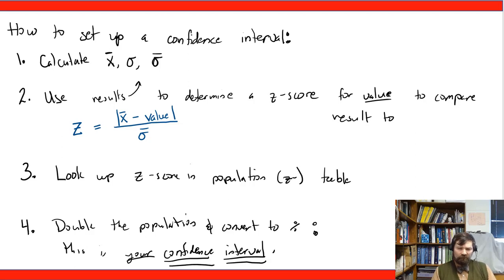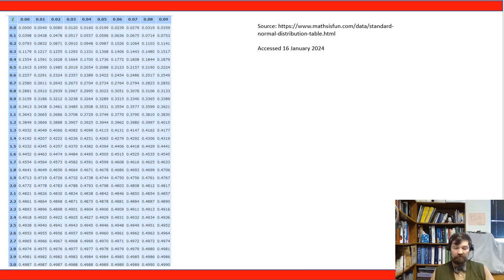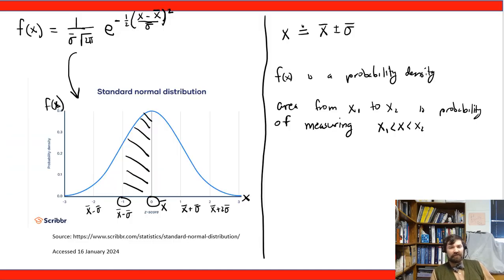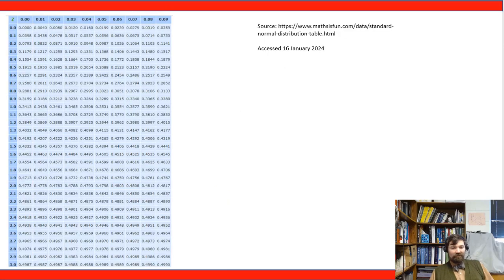All right. So now, what is this population table or z-table? Well, there's a few things you could do. One is if you use calculus, you could actually calculate whatever z values you'd like using essentially this function and an integral. But for most purposes, especially for an algebra-based class or trig-based class, you'd go look up a table where they've done the math for you.